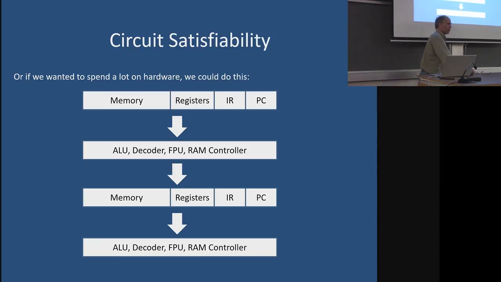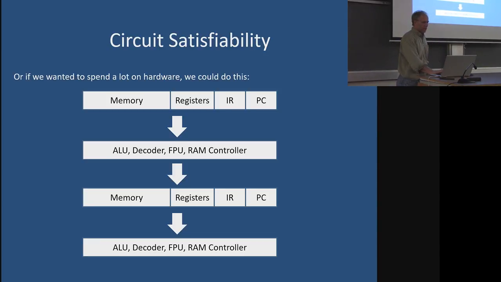If your program is going to run in a second, and it has to run for 1 billion clock cycles, you're going to need 1 billion layers of this. But in principle, it's possible, right? So what he argued was, you can take any program that runs on a computer and run it on a massive circuit.